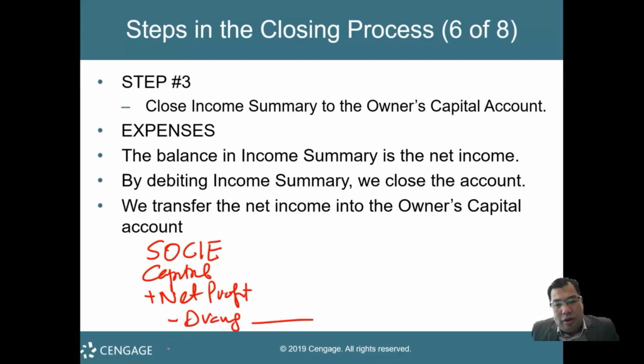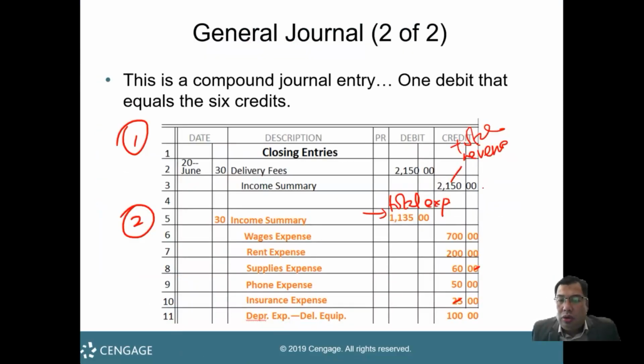So this gives you your closing capital. So we have this figure. This is our total revenue, this is our total expense, and the difference will be your profit. So we're going to transfer this profit to your capital account.